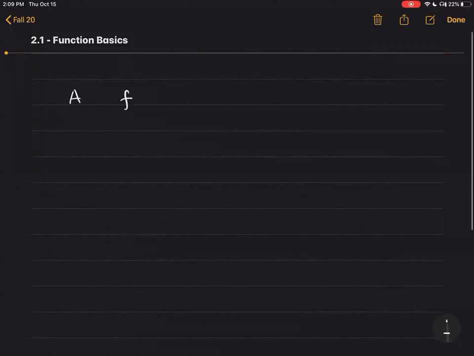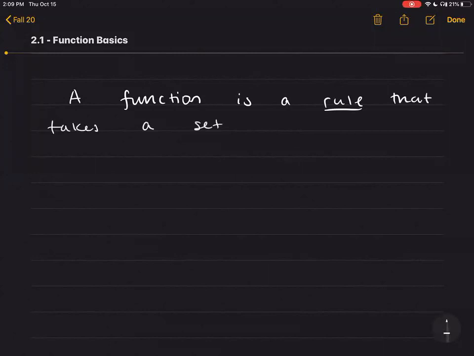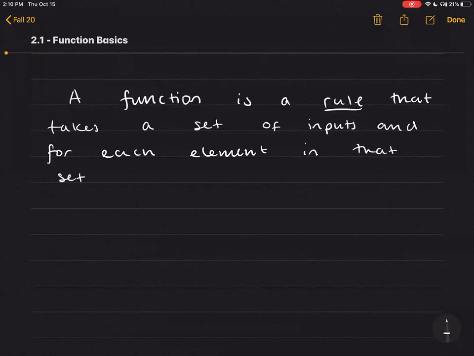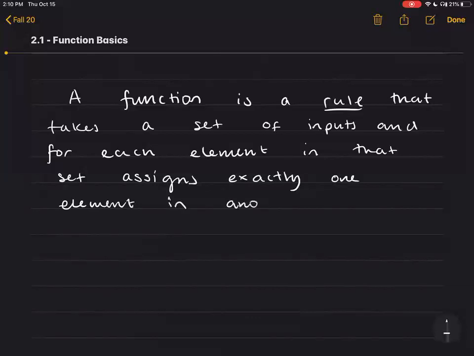A function is a rule that takes a set of inputs and for each element, so for each thing in that set, it assigns exactly one element in another set.